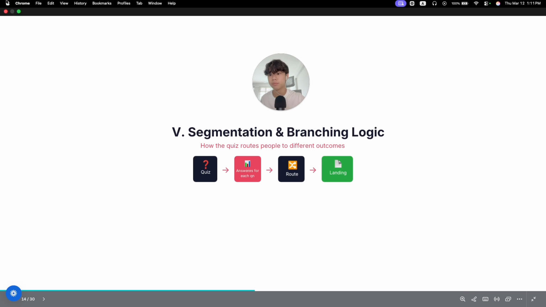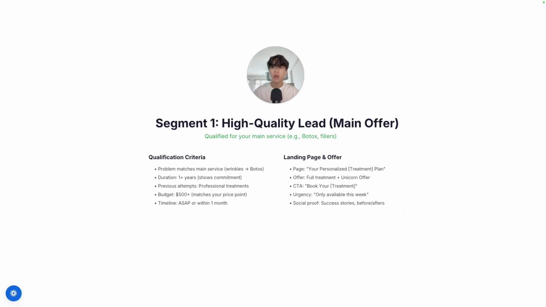Okay, cool. Next, let's talk about what types of outcomes you can route people to based on how qualified they are. So we basically have 4 segments and 4 offers that you can route people to. For segment 1, this is obviously for the high quality lead. This is when people are very qualified, they have the money, the problem they face matches the problem you're solving, and they have been facing it for almost a year now.